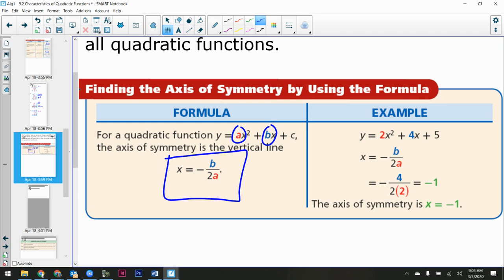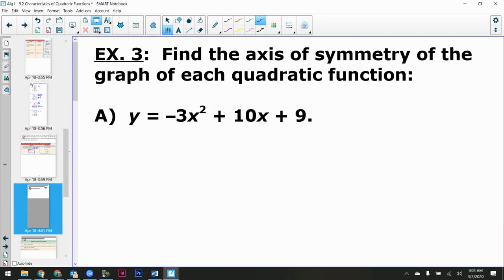So let's try this. Look at the question here. Find the axis of symmetry. Every time we do these problems, I want you to write out your original equation. So for right now, we're going to write it 3 extra times. X equals negative b over 2a.